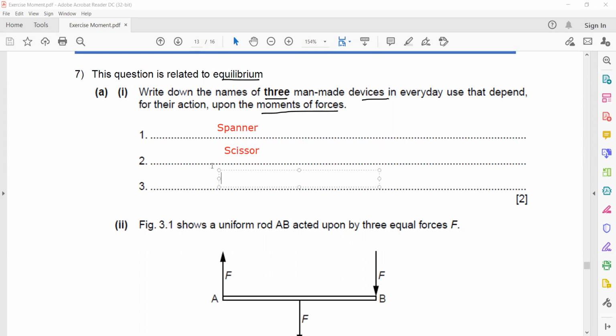Even a stapler. Any three you have to mention. Door you mentioned, door is also using the turning effect. We apply the force and it rotates. So these are wrench, spanner, scissor. These are man-made devices which use the turning effect of the force.